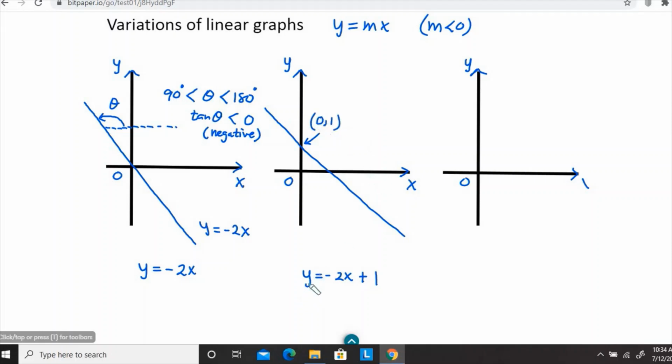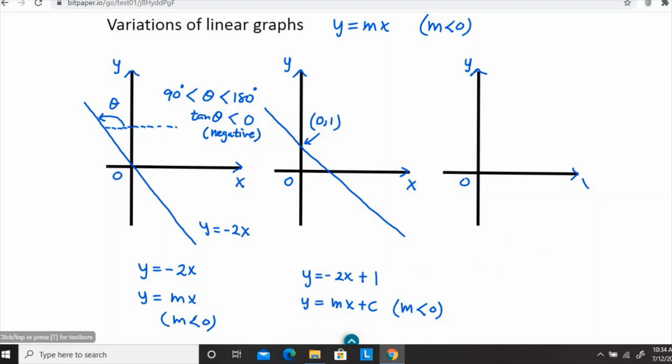So the general form for this is like y equals mx plus c. But remember, m is less than 0. This is y equals mx, but m is less than 0. In the previous case, we talked about when m is positive.